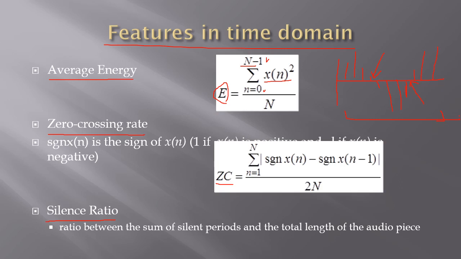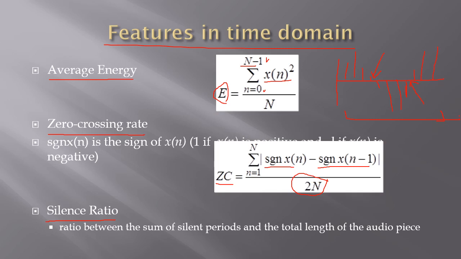Now, in the formula that is described here, the number is divided not by N but by 2N, simply because the sign function gives you +1 or -1.